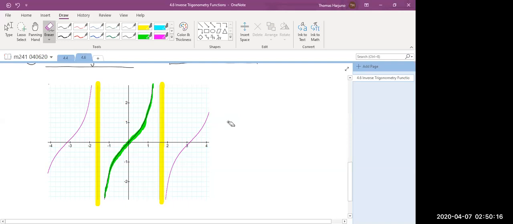So we will restrict our domain now from negative pi over 2 to pi over 2 such that the tangent function is one-to-one.